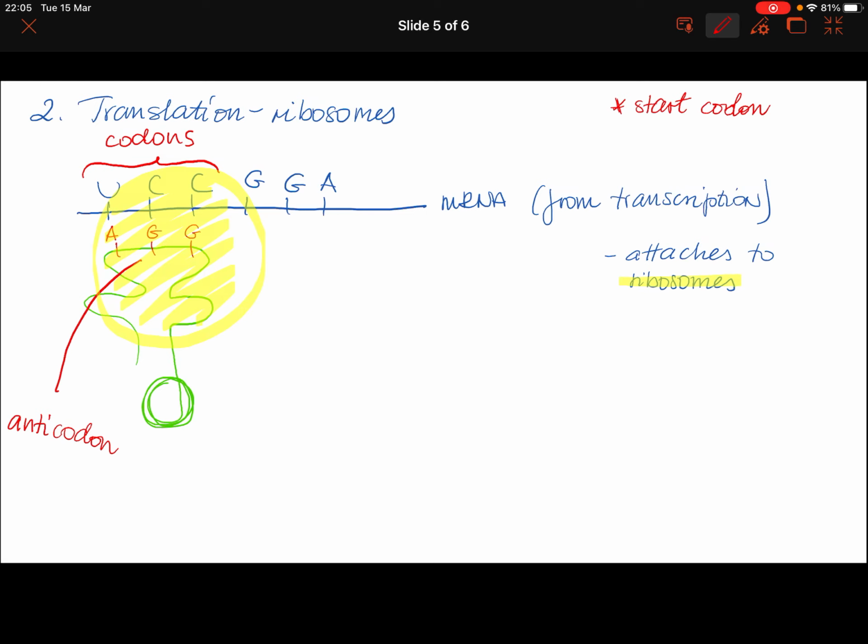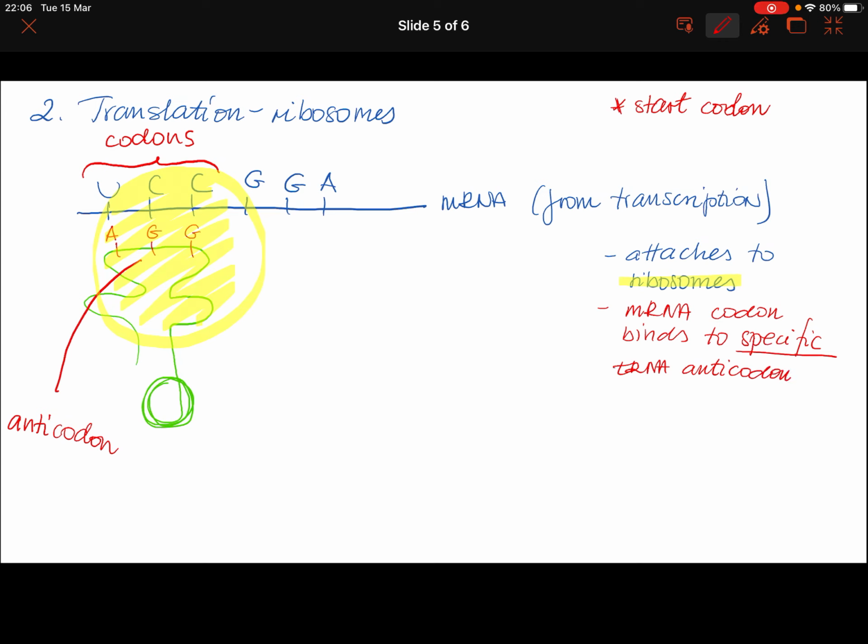So, mRNA attached to the ribosomes. Remember, the codons are found on mRNA and anticodons are found on tRNA. And this is where the mRNA codon now binds to the specific tRNA anticodon.